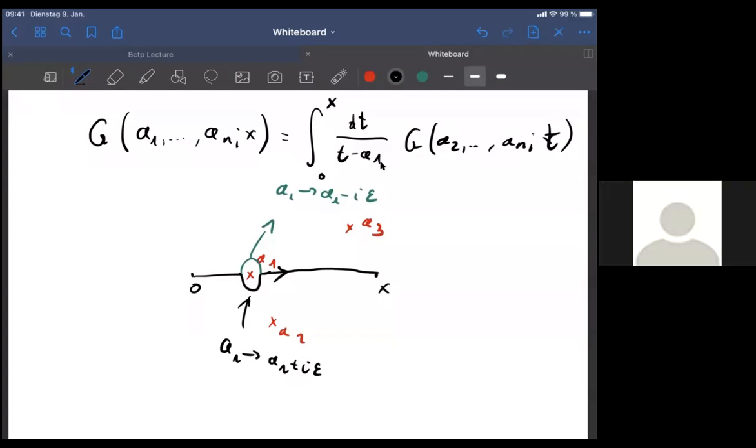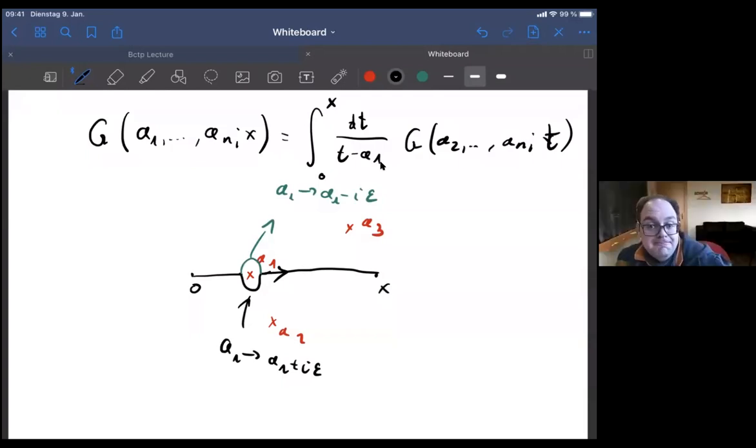Which one do you use if you want the shuffle algebra relations to work? Either one would work. While if you do principal values, then you take differences. Either one works as long as you use the same one everywhere, of course. Whenever you see A1, you have to choose consistently A1 plus or minus i epsilon. While if you do principal value, it would work fine if you do this once, but if you have to do it for A1 and for A2 and for A3, you would have different linear combinations with different weights.